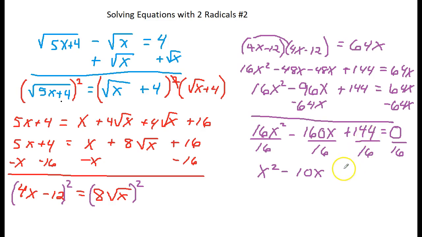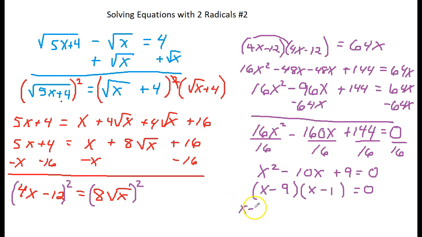And then 144 divided by 16 is 9. So plus 9 equals 0. I'm going to factor this, okay? I can say x minus 9 and x minus 1. Because those will multiply to give me a positive 9 and add to give me a negative 10.